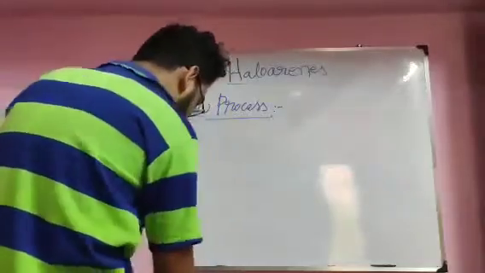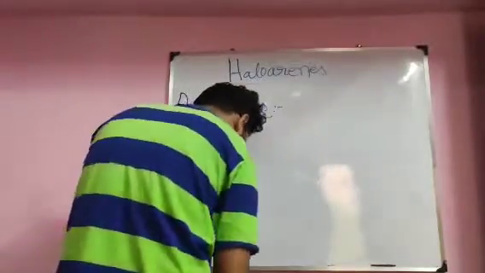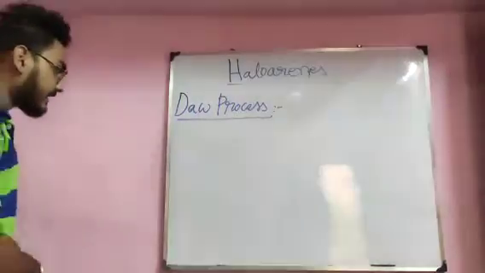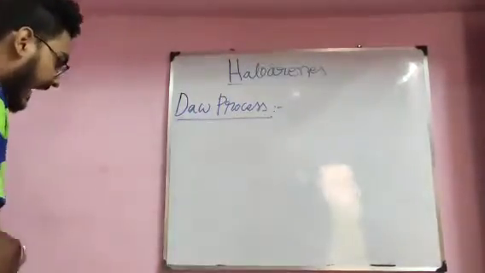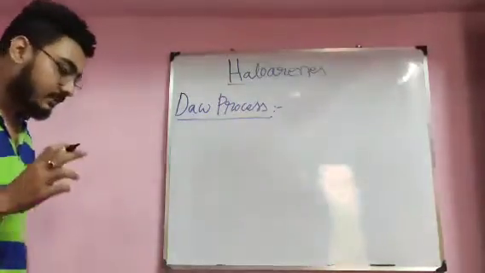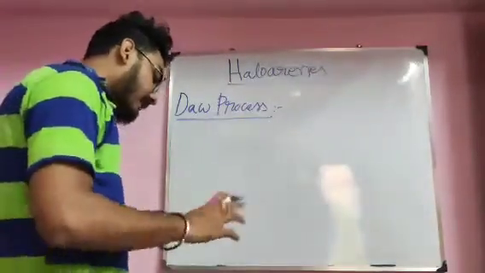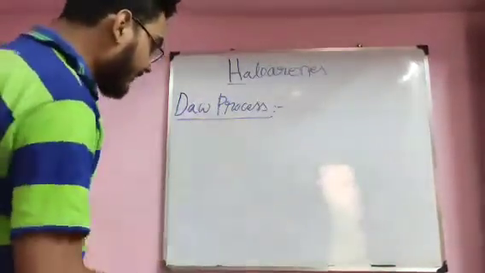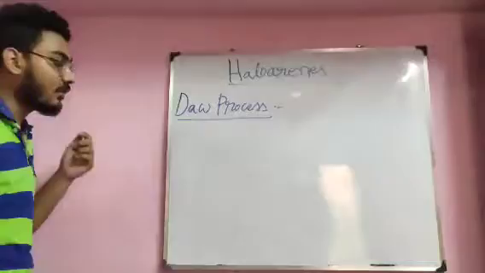When chlorobenzene is heated with 6 to 8% NaOH at 350 degrees Celsius and 300 atm pressure, then sodium phenoxide is obtained, and by hydrolysis of sodium phenoxide, phenol is formed.